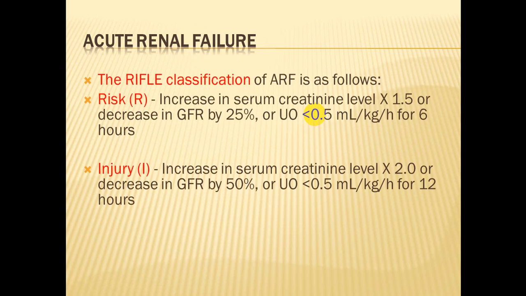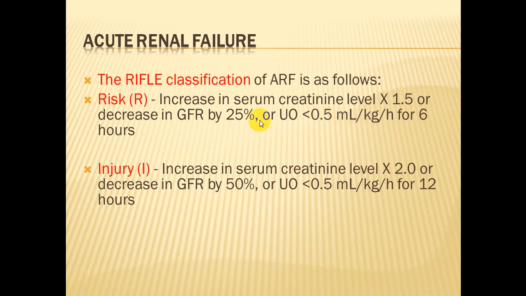We can classify acute renal failure according to the RIFLE classification. This RIFLE contains 5 letters. First, R means risk. There will be an increase in serum creatinine level of more than 1.5 or a decrease in the GFR, glomerular filtration rate, by 25%, or urine output less than 0.5 ml per kg per hour for 6 hours.